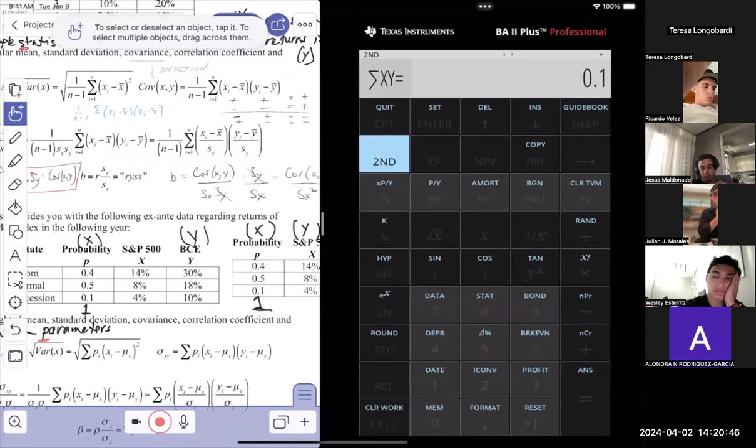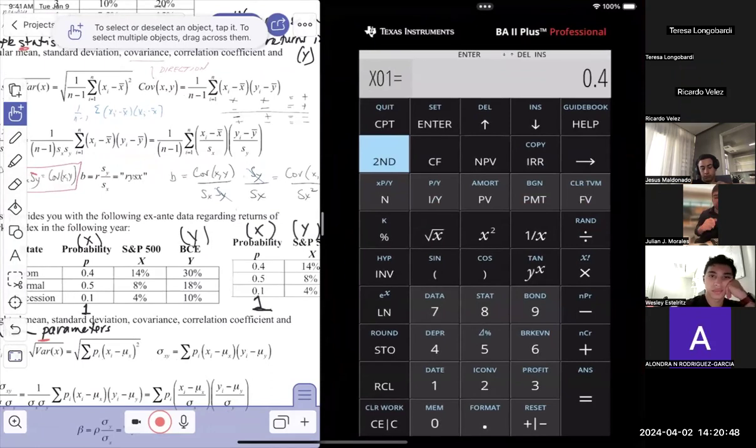I'm going to go back to data and clear it. I'm going to put in 0.4, enter down, and the Y would be 0.3. Then 0.5, enter down, and the Y would be 0.18. And 0.1, enter down, and Y would be 0.1. Then I hit second stat and arrow up. So it's 22%.